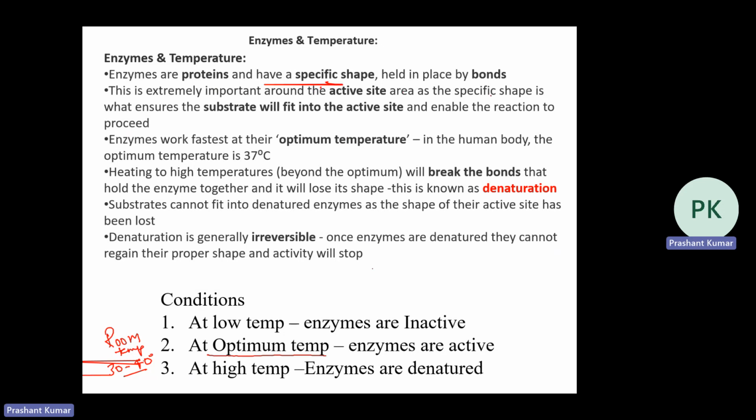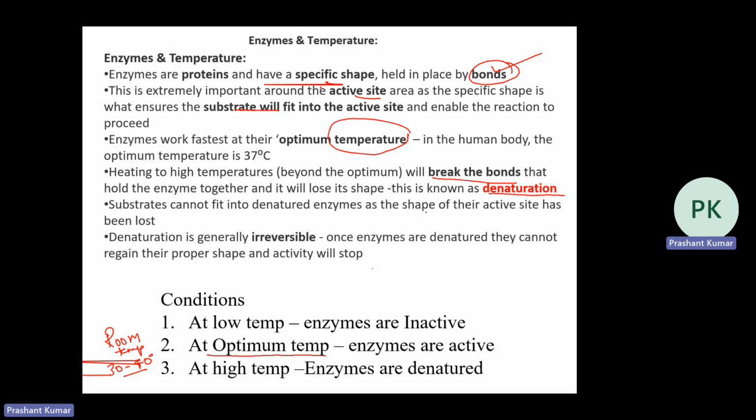We know that the shape is maintained by the bonds present in the protein of the enzyme, to maintain the active site so that the substrate will fit and the reaction will go on. But when the temperature is not optimum, the bonds start breaking, and the enzyme will get denatured.